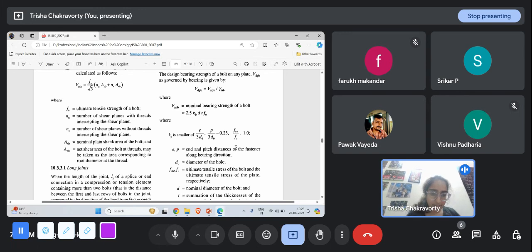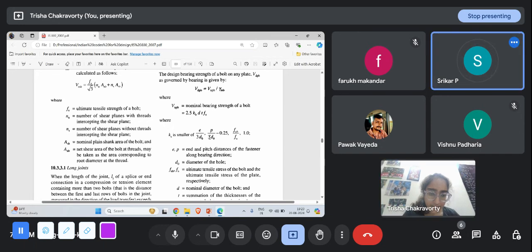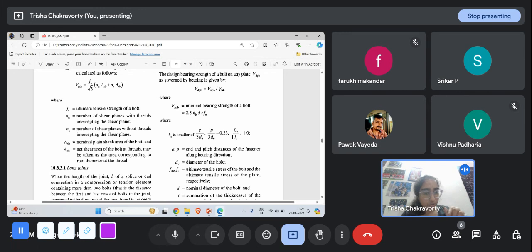So in that case, this factor will be greater than 1, right? Then kb is the smaller of this and 1. So this factor will not come into play when fub is greater than fu, which is what happens most of the time. But if fub, the tensile strength of the bolt, is lesser than the tensile strength of the plate, then this factor will be less than 1, and this factor may be incorporated here.